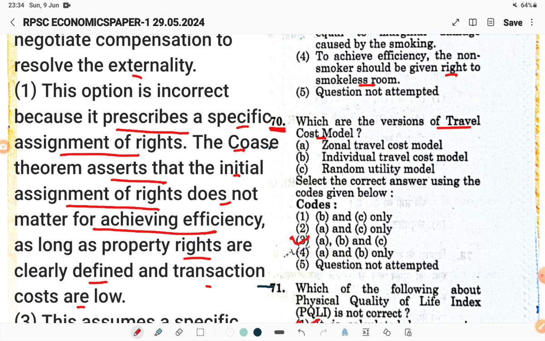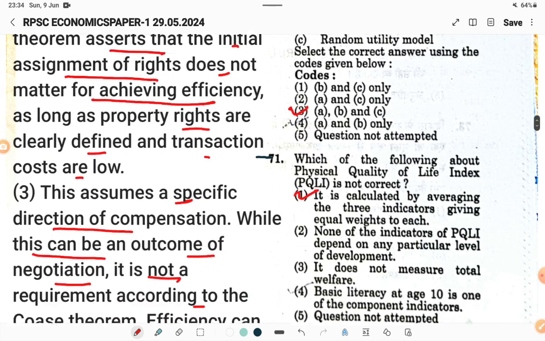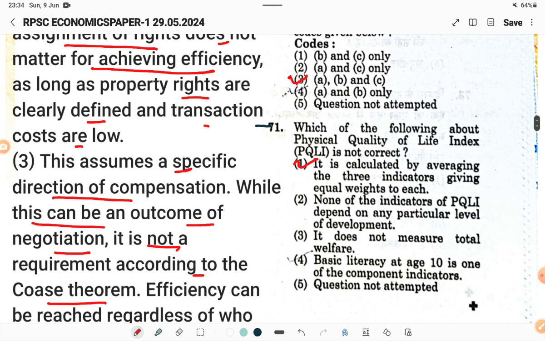This version incorporates individual choice behavior, considering the utility individuals derive from different recreational sites and their travel costs. So all three versions are used in different contexts within the travel cost method, and the third will be the right answer here.